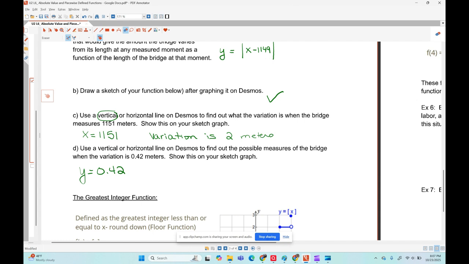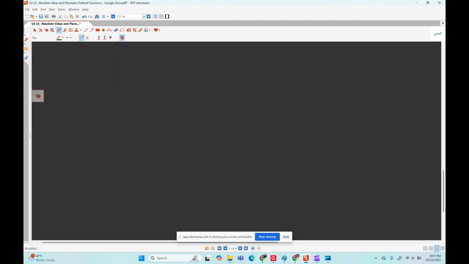We did a horizontal line, and we got 1148.58 or 1149.42.